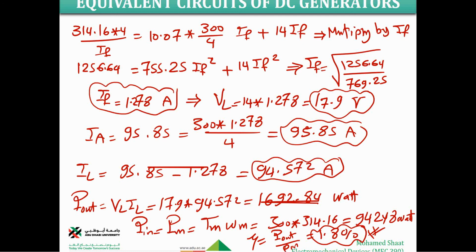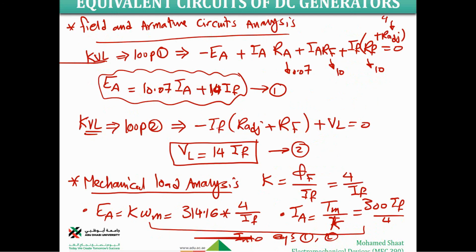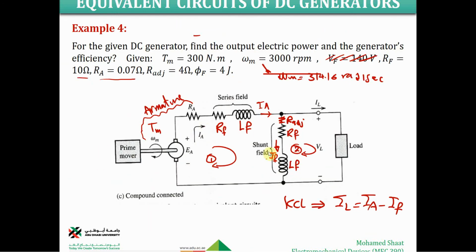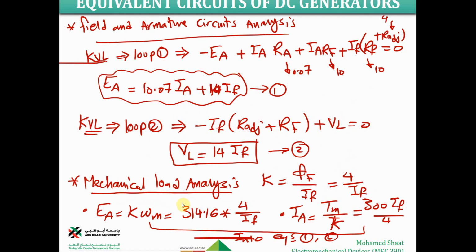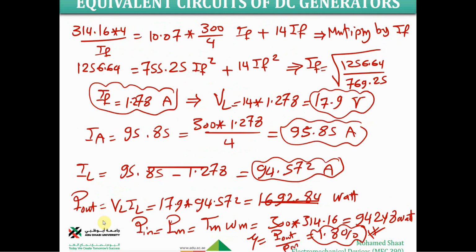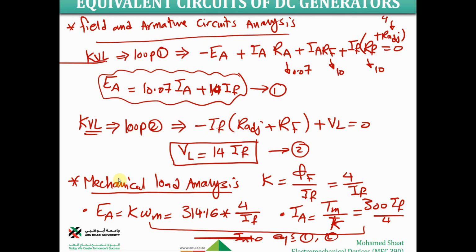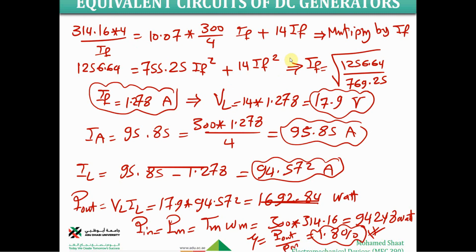But anyway, the procedure is going to be the same: your objective is to apply Kirchhoff's voltage law to the first loop and to the second loop, and then you form the armature voltage EA and the armature current in terms of the IF, then plug into one equation to do the calculation.